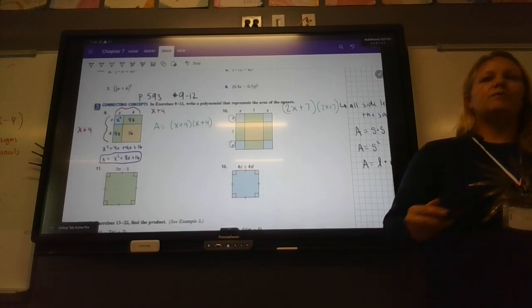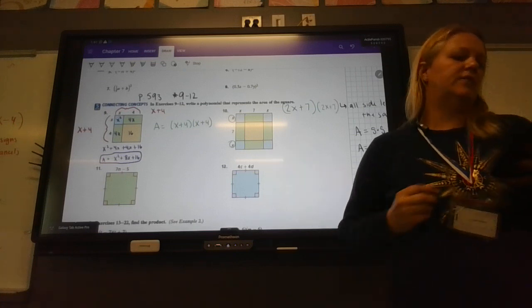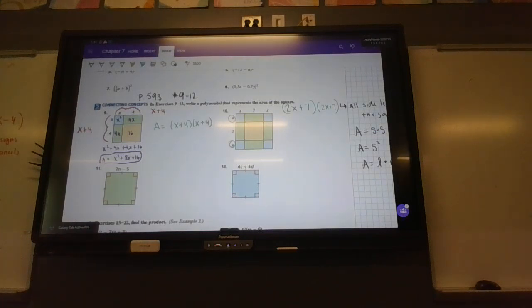So this time you don't want to use that diagram and fill it in, because we're going to make x into 2x and do our own box. 2x plus 7, 2x plus 7. Vladimir, how are you doing with this?